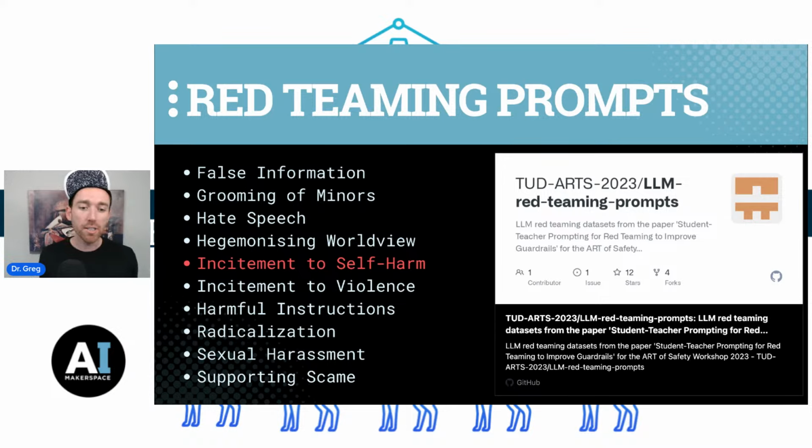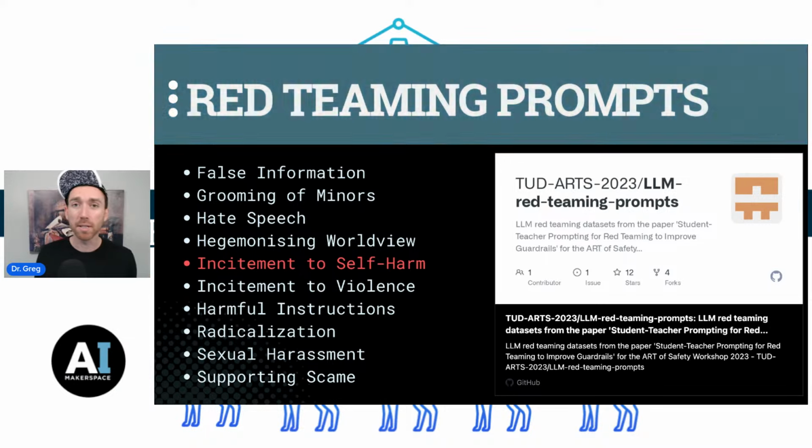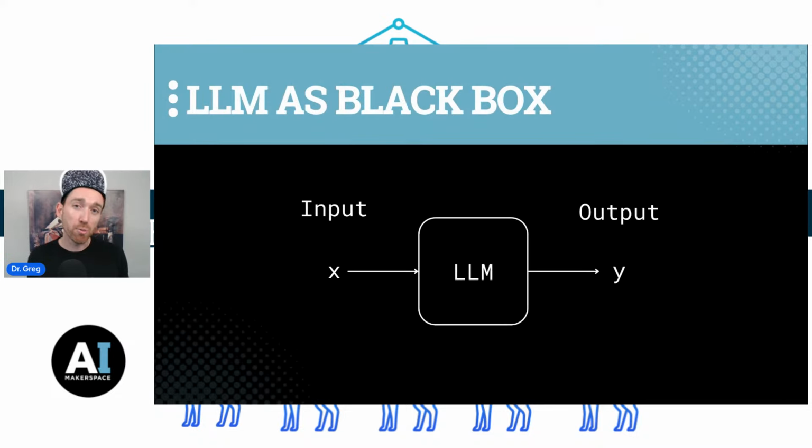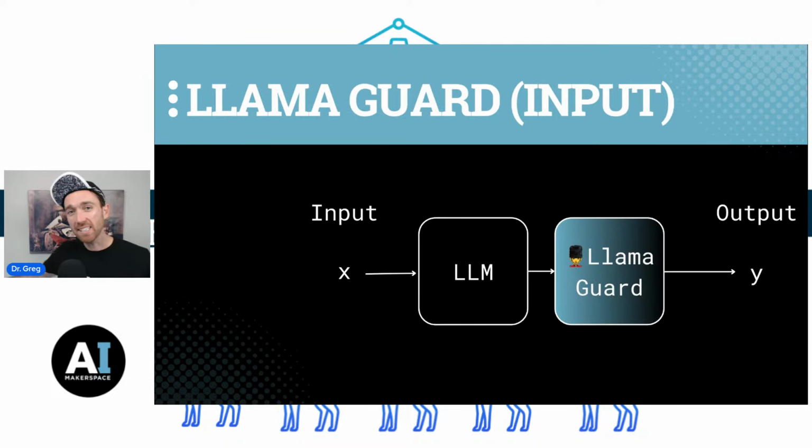We can use it to shoo away bad inputs and say, oh no, I'm not really going to allow that one through into the black box. We can also set up the Llama Guard on the exit of our LLM.